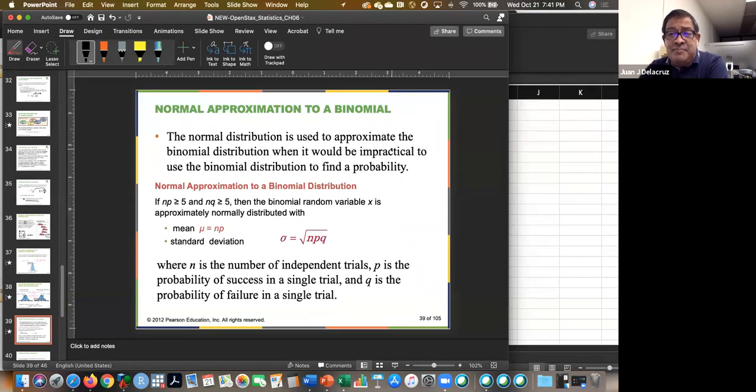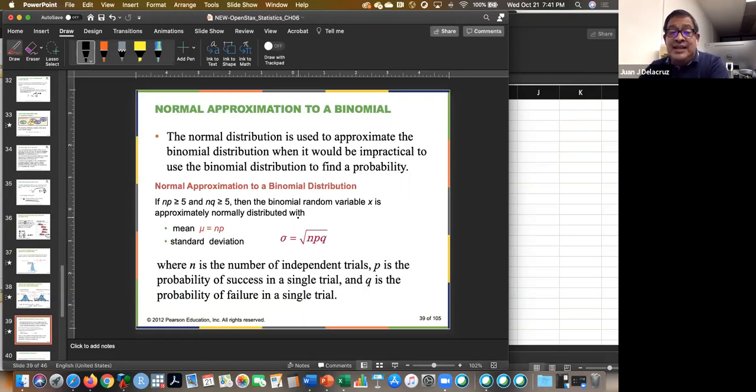The next chapters, as I mentioned, confidence intervals and hypothesis testing, are really big. It's like going back to the first class where we have so much information. I will try to make it very simple. So next class, we're going to continue.